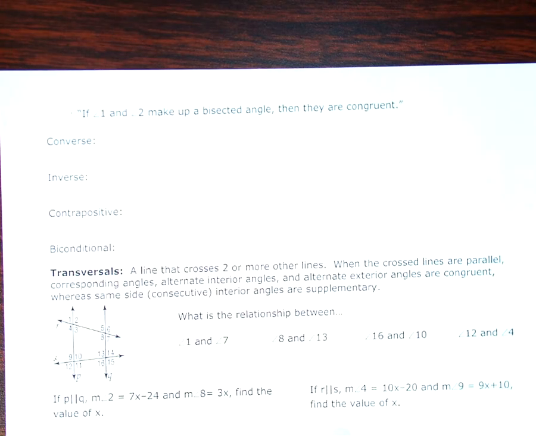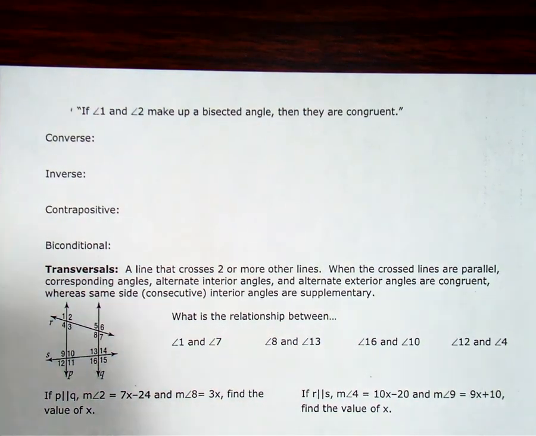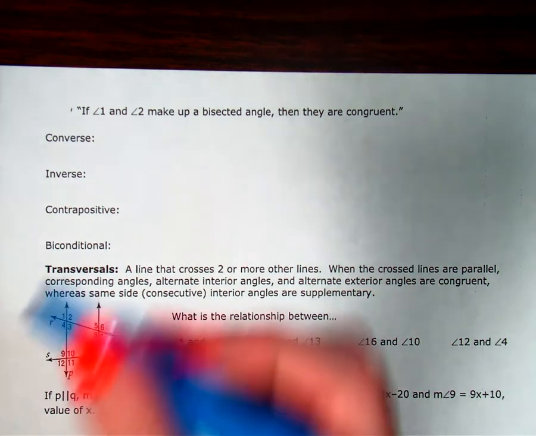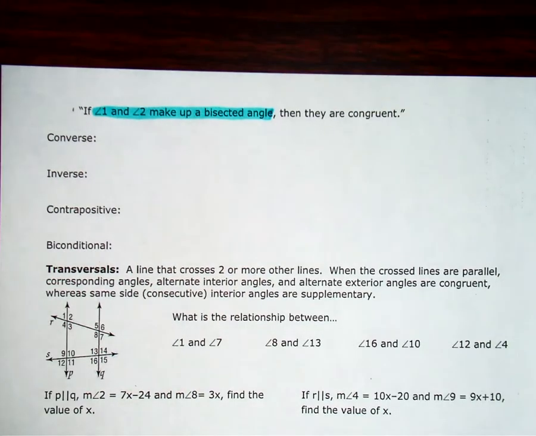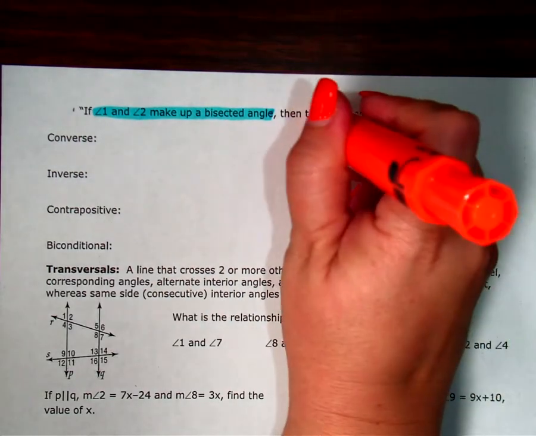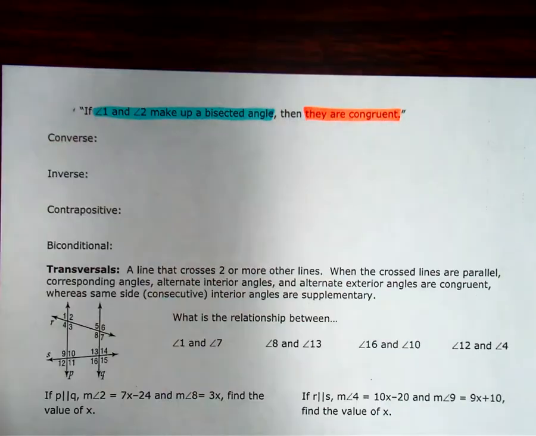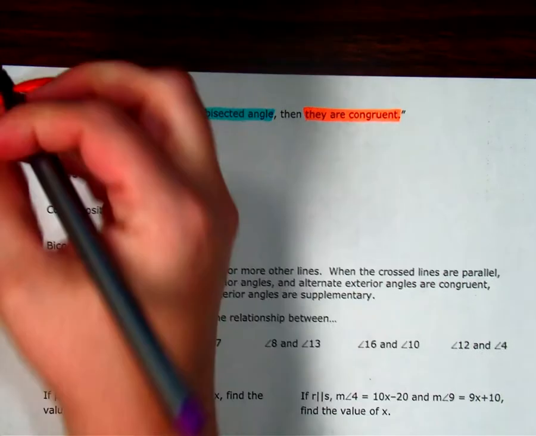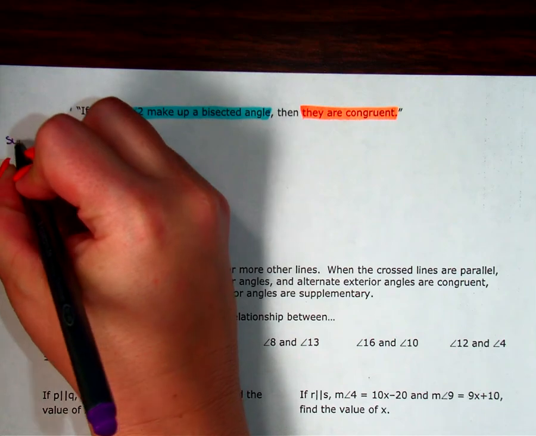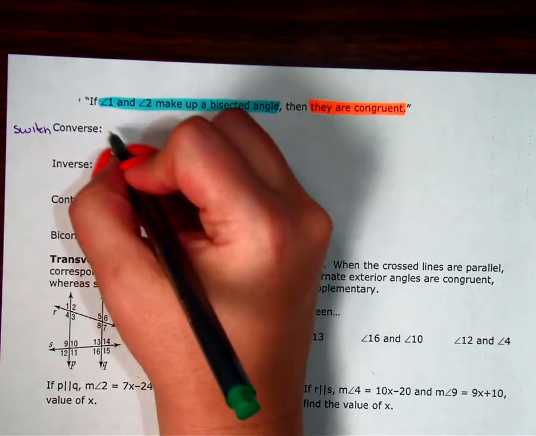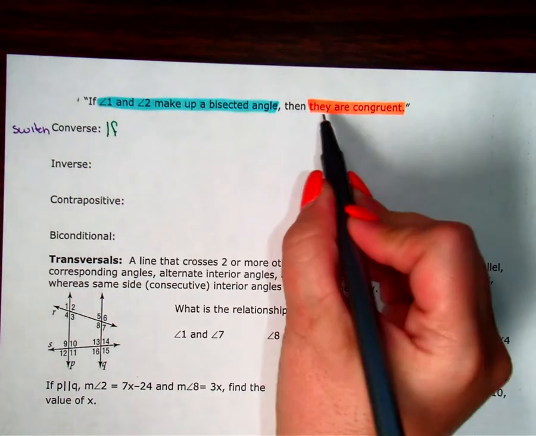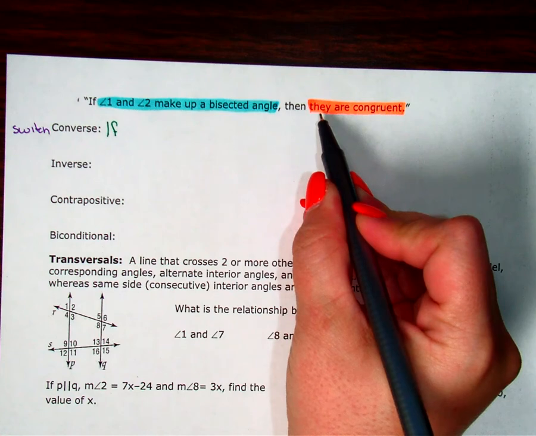Okay, when I go to the next page, when I look at writing the converse, the inverse, the contrapositive, and the biconditional, I'm going to go ahead and highlight again since the other one was on the other page, and I want to make sure that I've got it here. All right, I'm going to remember that the keyword for converse is switch. So I'm still going to start with if, and then I'm going to use my second part. But remember, we can't start with they.